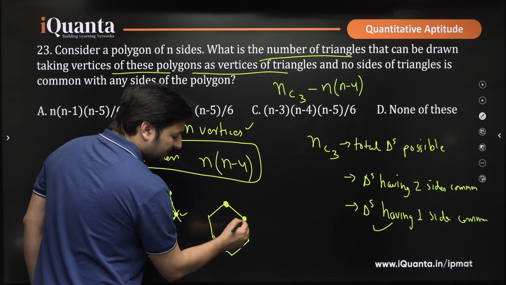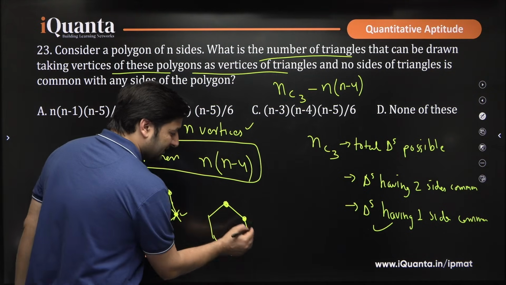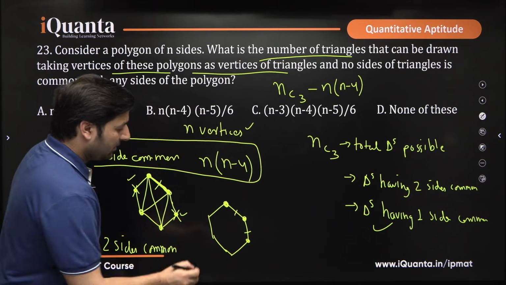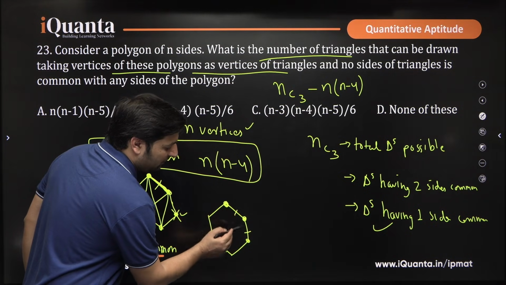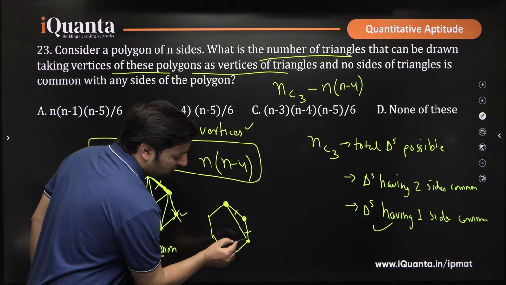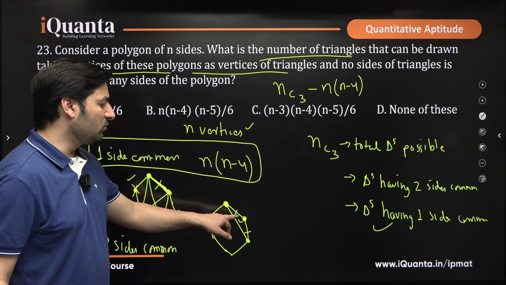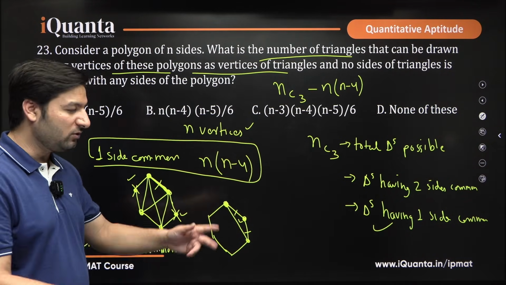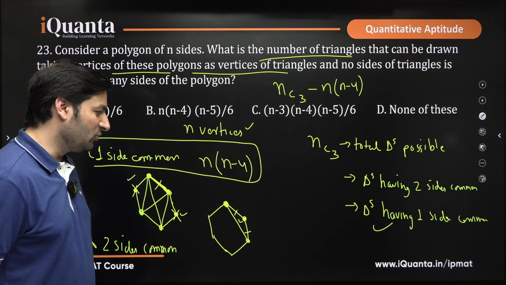This as one vertex, I have to make two sides common. So let's take two sides, one side, two side, yes or no? If I take two sides of the polygon, this is the triangle formed, and this triangle has two sides common with the polygon, okay?